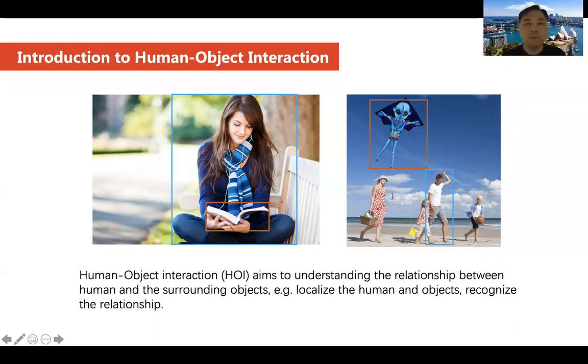Moreover, for human beings, understanding HOI requires not only perceiving capability, such as object localization, but also cognitive capability, such as reasoning about the relationship between human and objects. Therefore, HOI understanding is an important task for us to design and evaluate reasoning methods, and therefore achieve human-level cognitive capability.